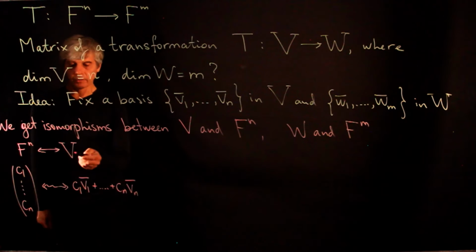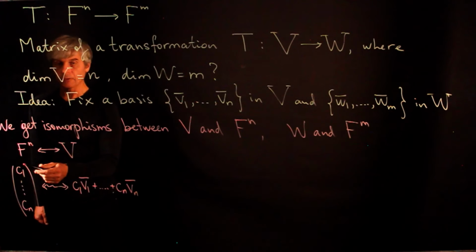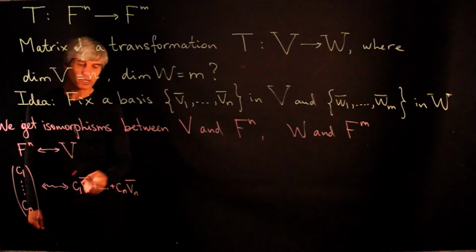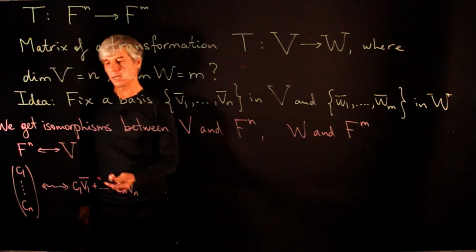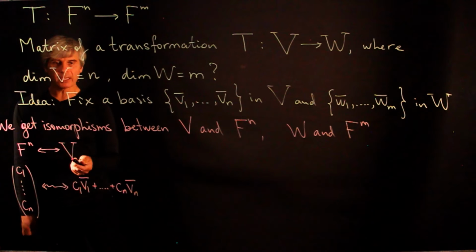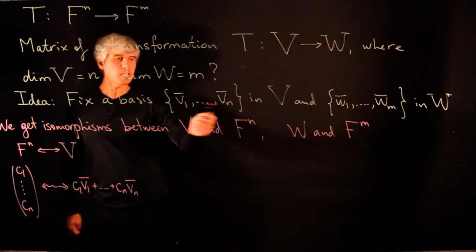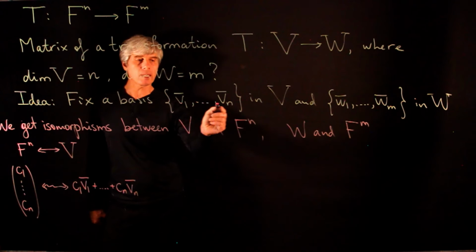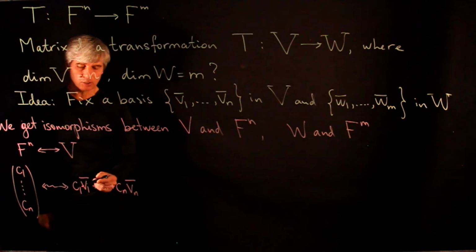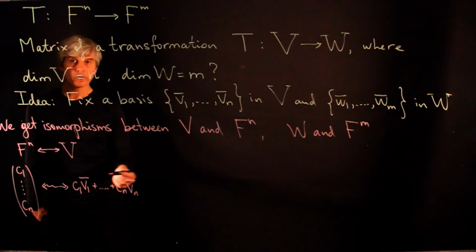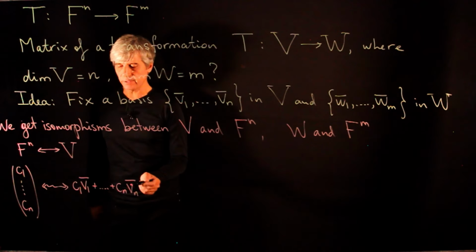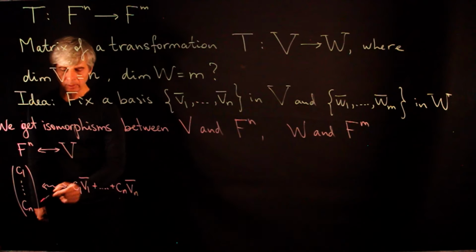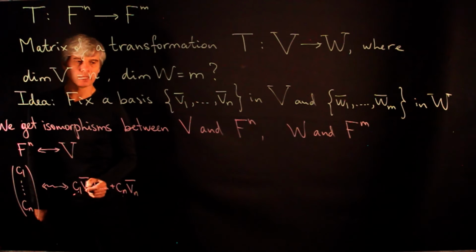And we can go both ways. If we have a column vector, then we can form this linear combination. If we take an arbitrary vector in V, because this is a basis, we can expand it in a unique way as a linear combination of basis vectors. And then we associate to any vector in V its n-tuple of coefficients of this linear combination.